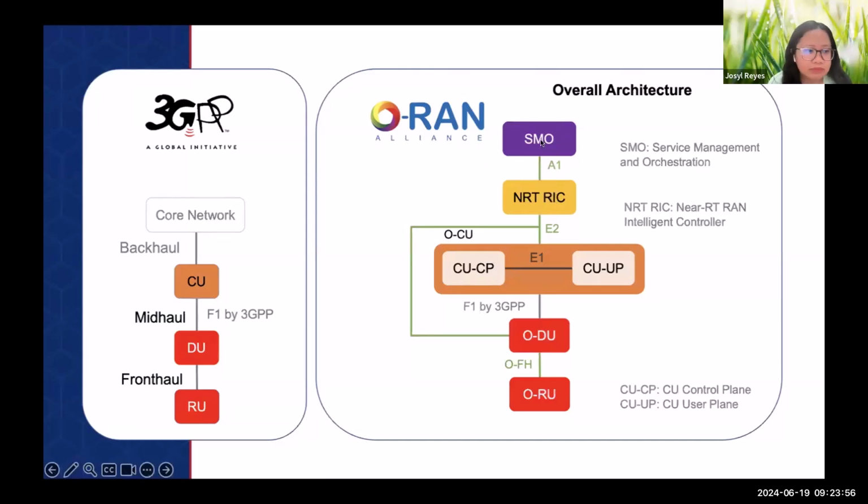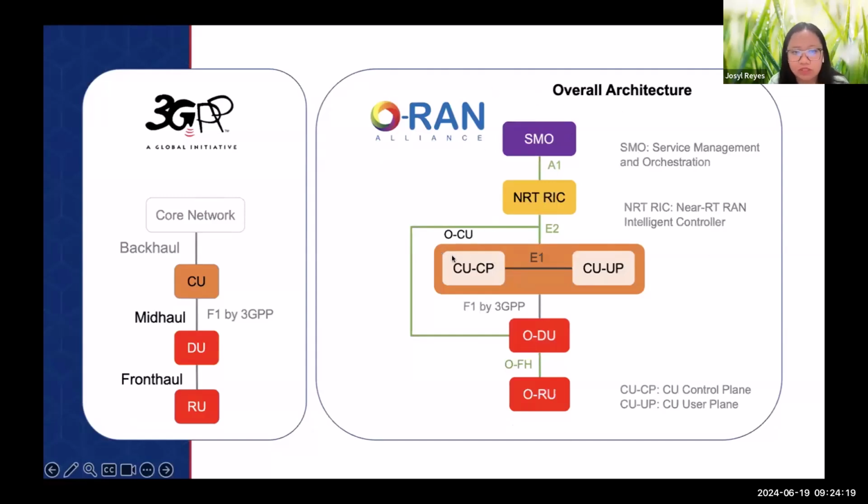Ano pa yung missing interfaces from here? May O1 saka O2 interface. Kasi mga X2, XN, and G interfaces, but those are usually for mga maintenance and mga pag-share ng information among components. Ayan. Pero ito po yung parang overall architecture.